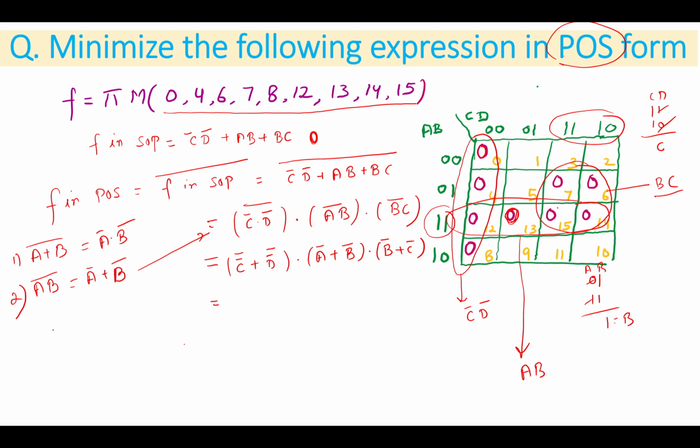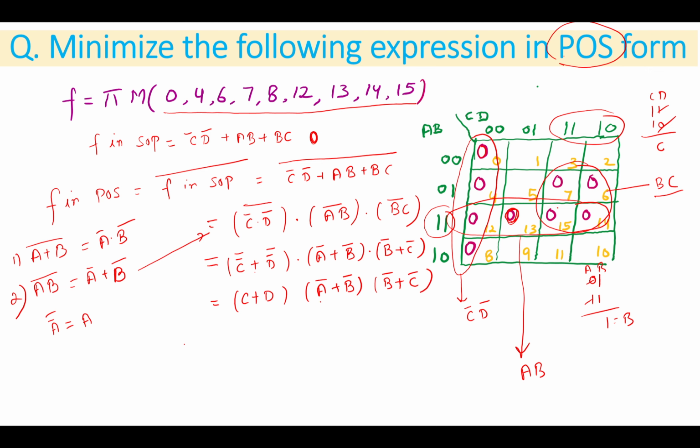We know that a double bar means A comes back, so this is C and this is D, and there is no other possibility here, so we write the rest in the same way.